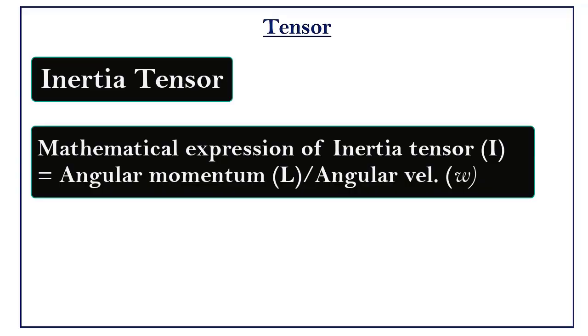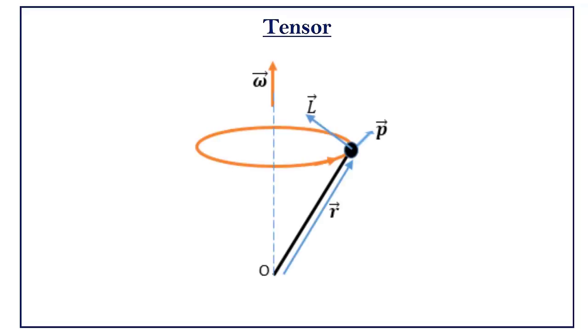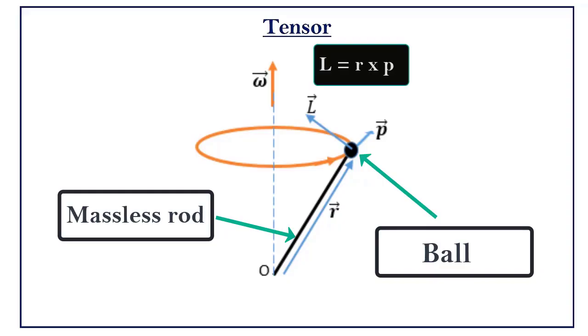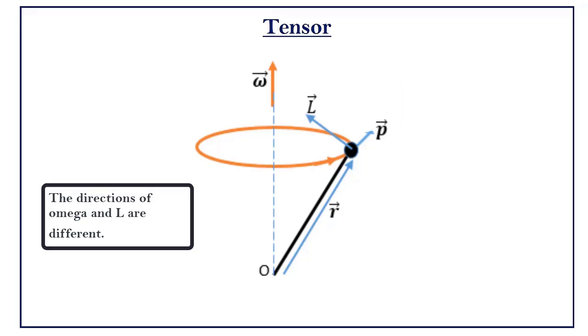Now it is possible that the direction of angular velocity and angular momentum may not be the same. Consider a ball attached to a massless rod rotating as shown in the diagram. You can see that the angular momentum L is equal to r cross p, where p is the momentum, which is not in the direction of omega.